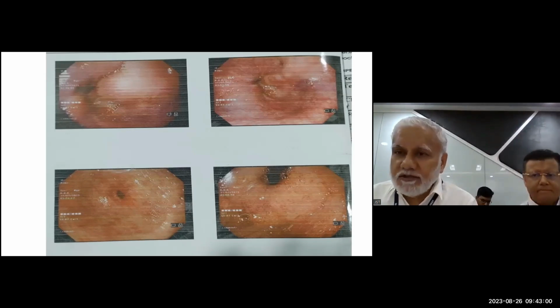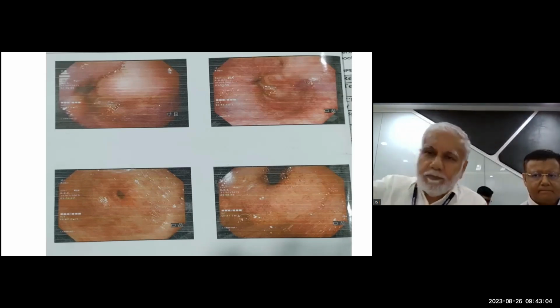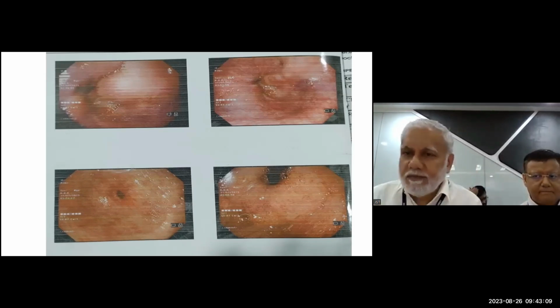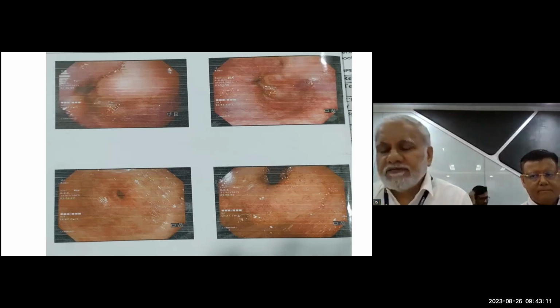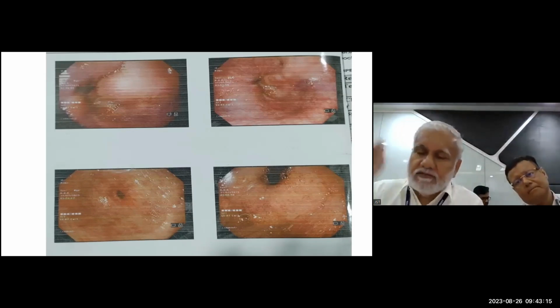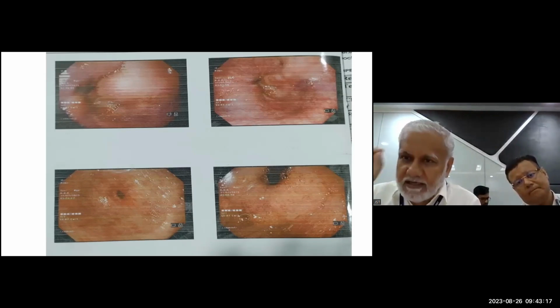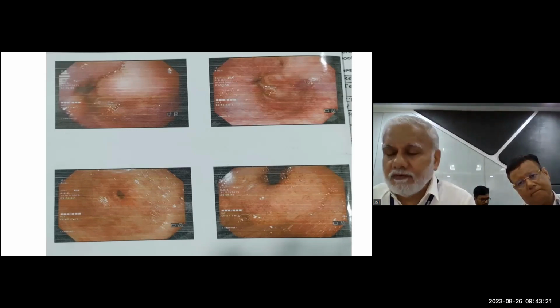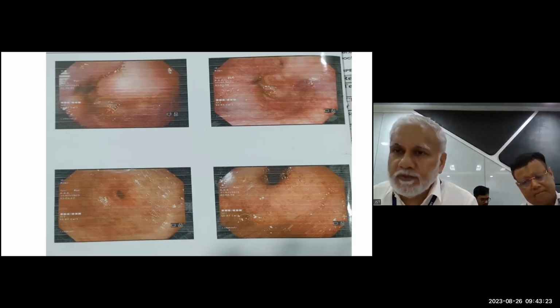If the stomach is not involved or very minimally involved, you just take out a sleeve of the stomach, just as we do a sleeve gastrectomy, and use the gastric tube as conduit. In those cases, the fundus is usually not involved, and the highest point of the gastric tube is the fundus, so it can easily reach even the neck if you want to do the anastomosis in the neck.